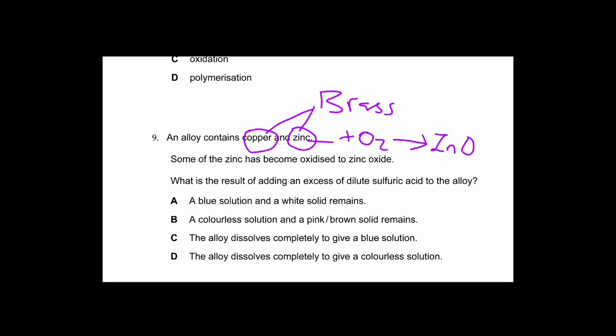Now, allow me to explain this. We understand that this alloy has copper and zinc. In the process, this zinc was oxidized to form zinc oxide. This substance was reacted with sulfuric acid.